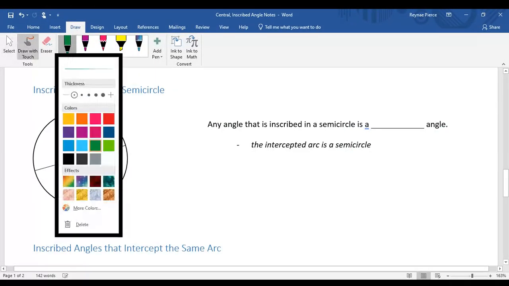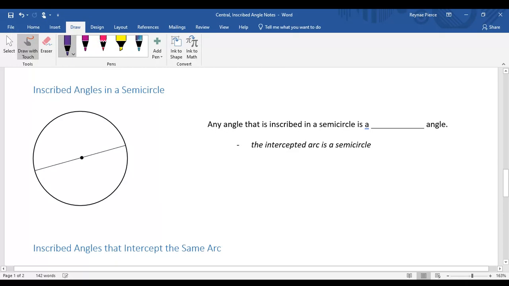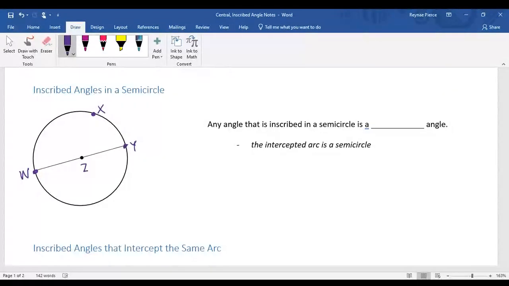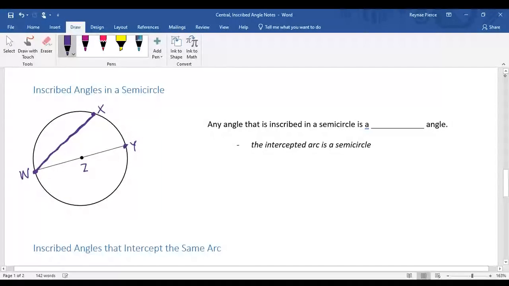A couple more here. Any inscribed angle. So here's a vertex. We'll call this X. We'll make this W, Y, and we'll say the center is Z. Any angle that is inscribed in a semicircle, where the intercepted arc is a semicircle, there's 180 degrees over here.